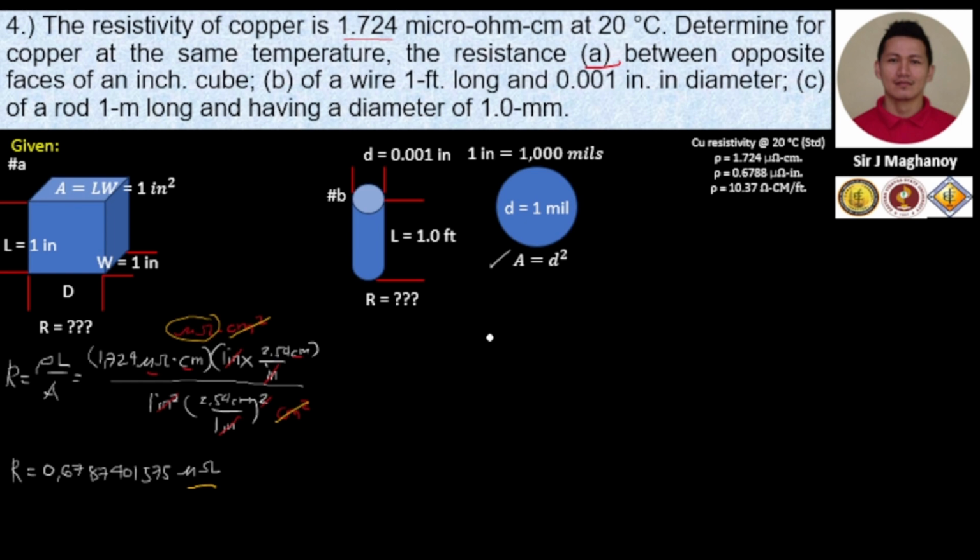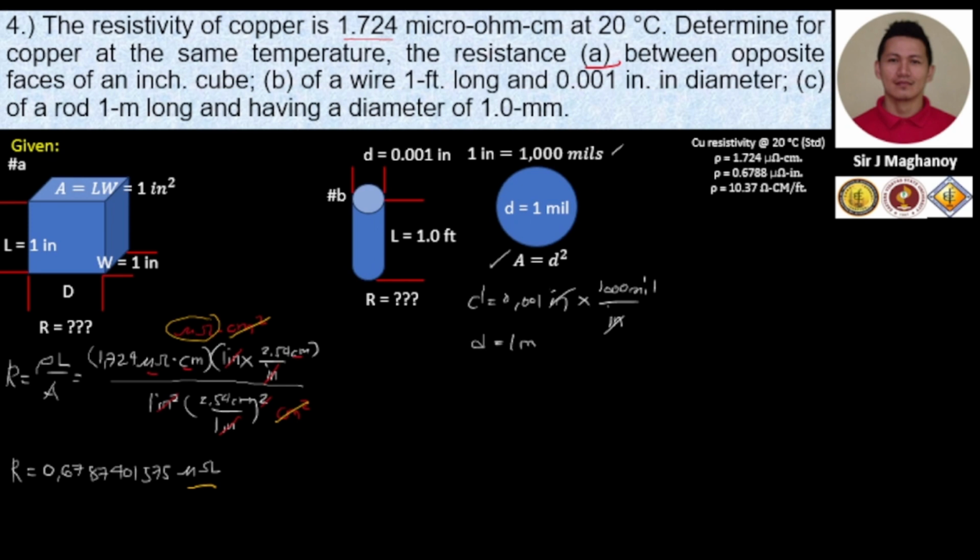So our diameter is 0.001 inch. So we use this conversion. In every inch there are 1,000 mil. So we cancel out inch, the remaining is 1 mil.